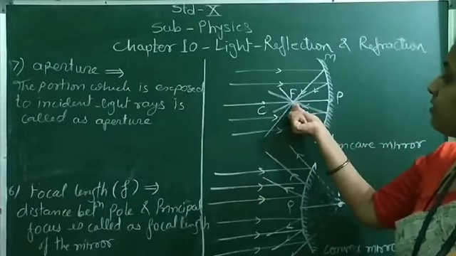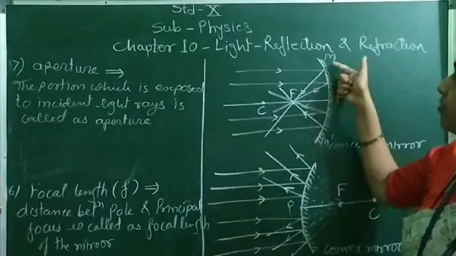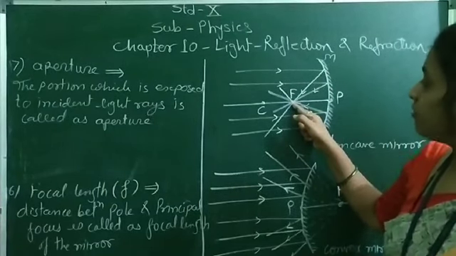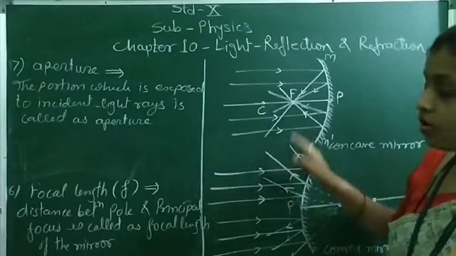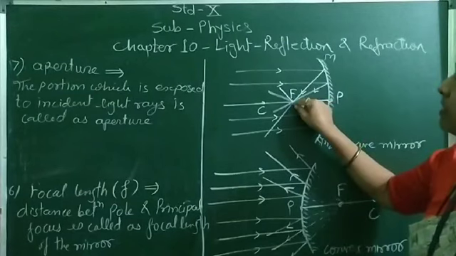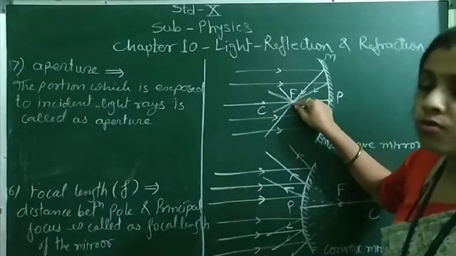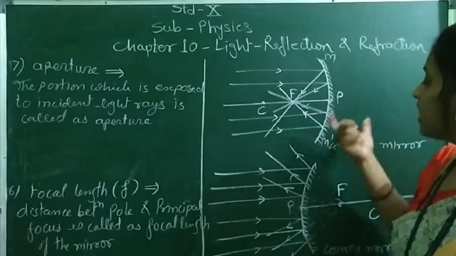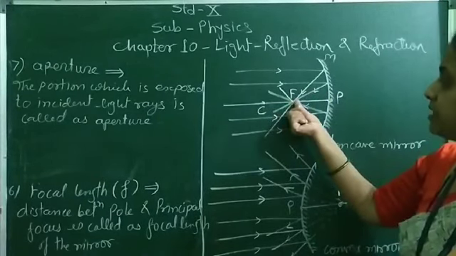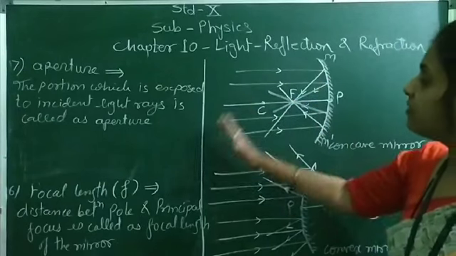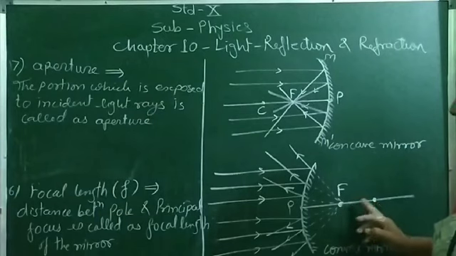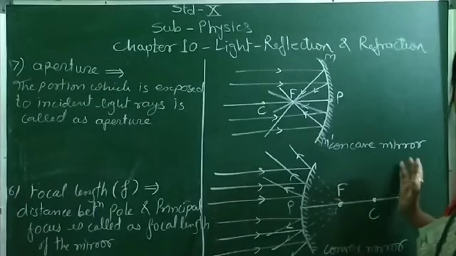Then we will see what you mean by focus. Focus is nothing but the point of intersection on the principal axis of reflected light rays, or the light rays that appear to come from one point. That point of intersection is called principal focus, which is denoted by F. In case of concave mirror, center of curvature and principal focus are always in front of the mirror. In case of convex mirror, principal focus and center of curvature are always behind the mirror.